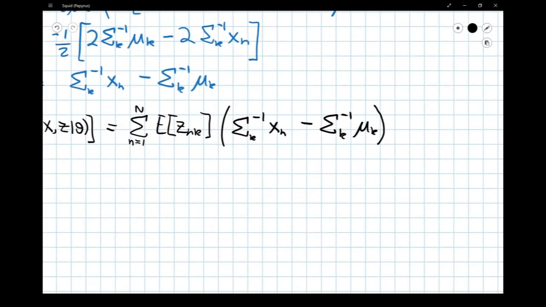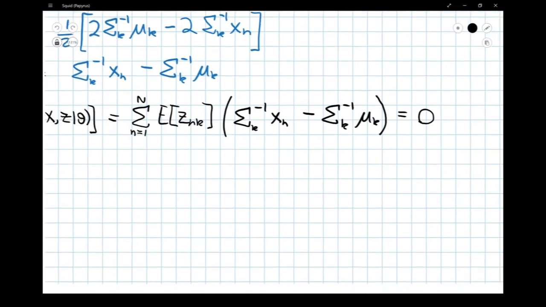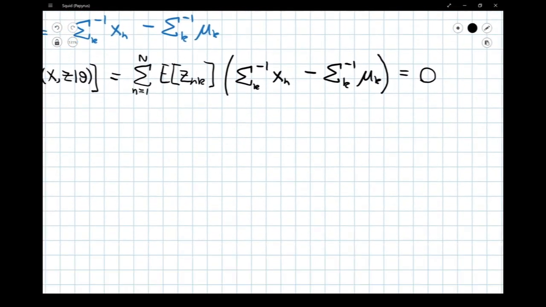Okay, fine. And then we're going to set that equal to 0 to find our optimum mu k. Remember that our optimum mu k is the value we use in the next iteration of the algorithm.